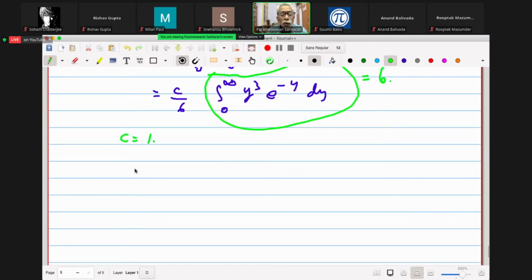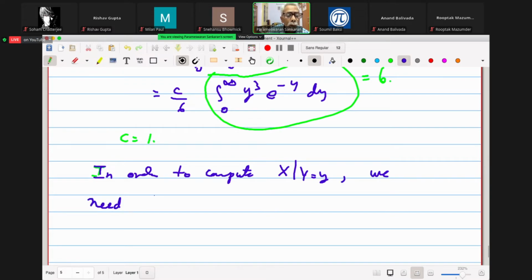Okay, so in order to compute x given y equals y, we need f_Y(y), no?